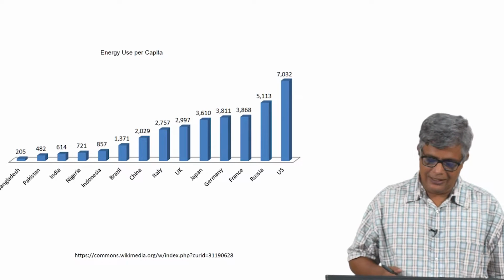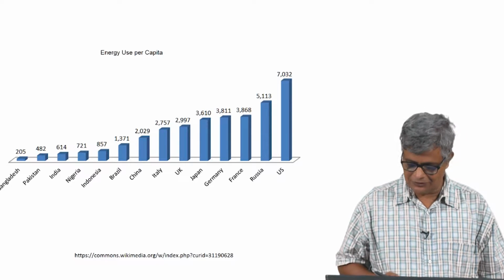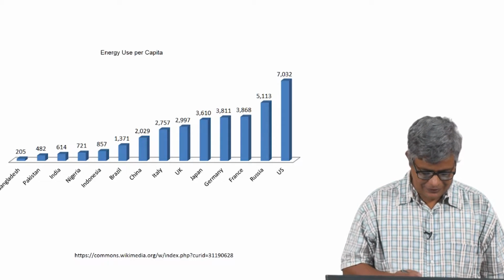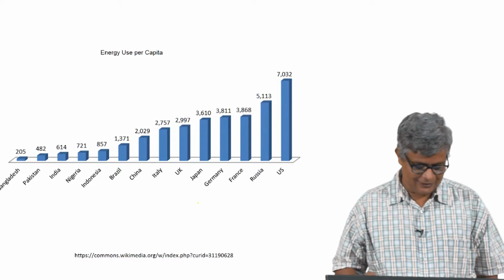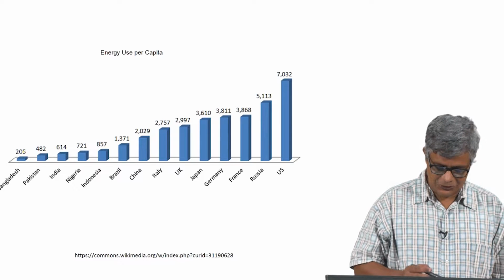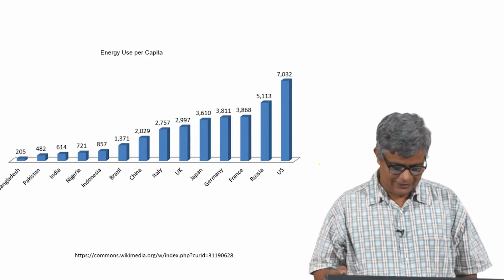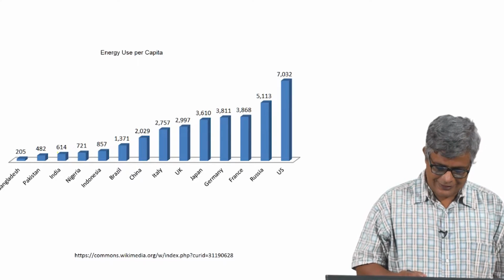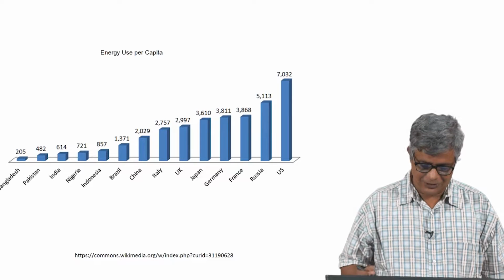Here we have energy use per capita, per person, the amount of energy usage, and you can see in relative units there is a wide disparity between Bangladesh, which has 205, and the US, which has 7,000, and India is 614 and China is 2029.